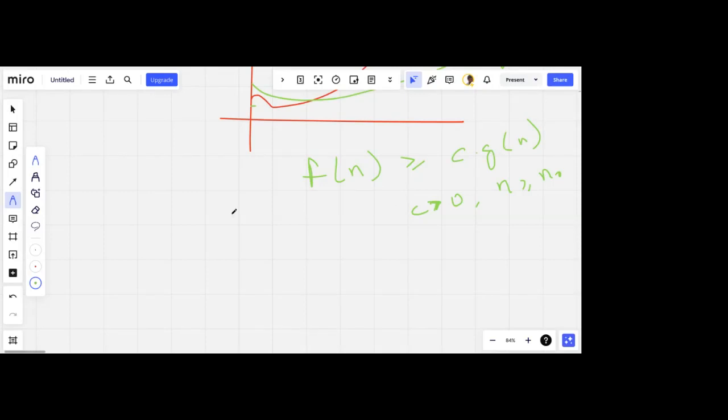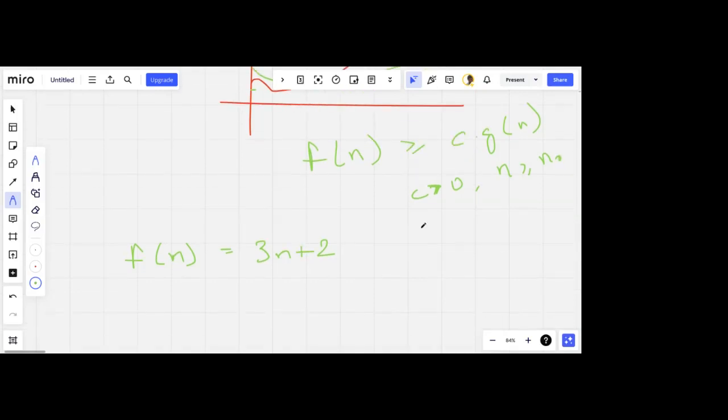Okay, now let's say f of n, again it is 3n plus 2. Now guys, f of n, if it is 3n plus 2, just think about it. If this condition is true, then we say that f of n is equal to omega of g of n. Similar to big O, we say that this is equal to omega of g of n.